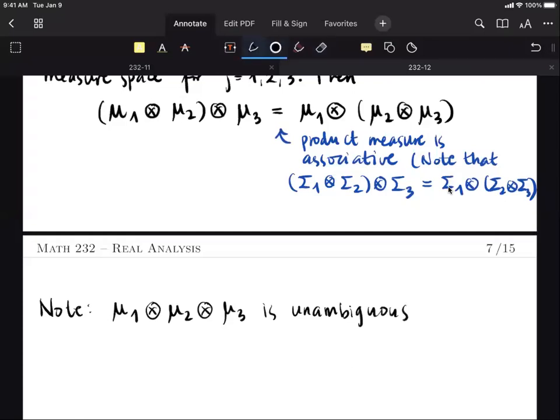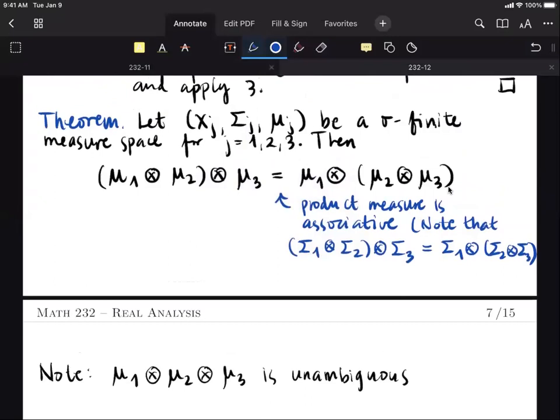By this, I mean that, of course, you can first consider this product measure, or you can consider this, but according to the previous theorem, they are the same. So the order or the grouping is immaterial in this case.